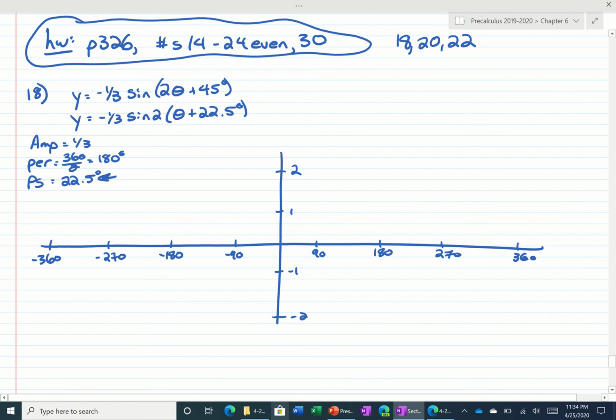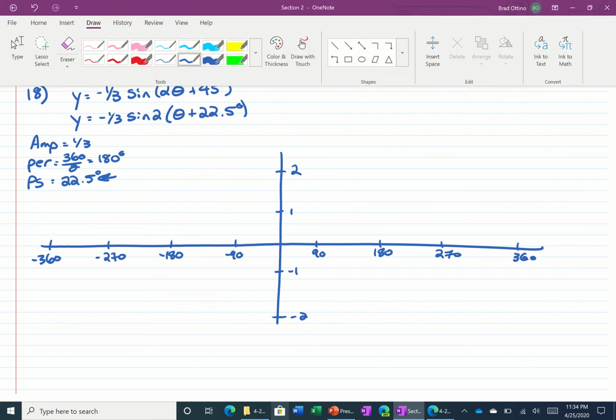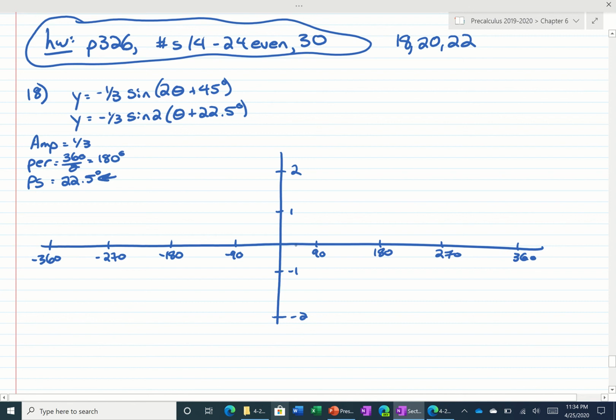So, the way I'm going to draw this, because the phase shift is weird, remember we had talked about this on a homework assignment. Anytime you have a weird phase shift that's not 90, 180, if it doesn't go up by 90s, let's go up by the phase shifts. So let me show you what I mean here. So I went up by 90. In between those would be 45s.